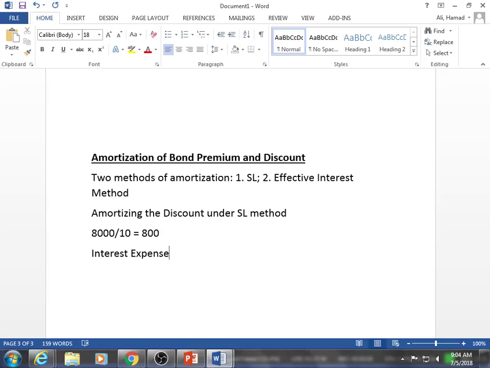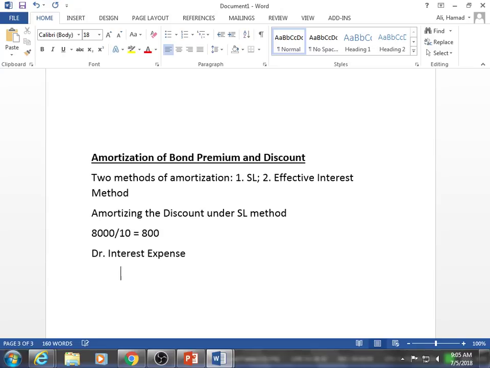Before we write down the amount, we're going to write down the credit.